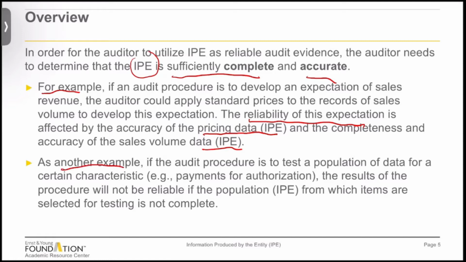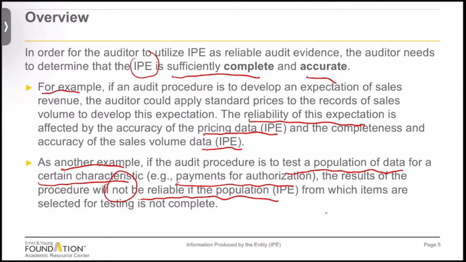As another example, if the audit procedure is to test a population of data for certain characteristics, for example, testing that all payments have met the criteria for authorization, the results of the procedure will also not be reliable if the population, or IPE, from which the items are selected for testing is not complete.